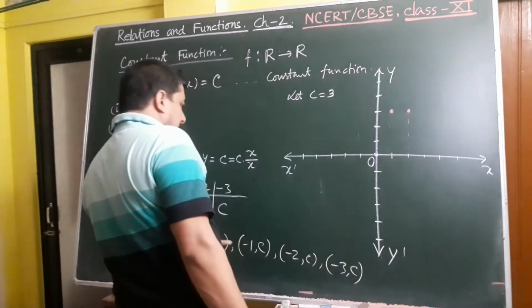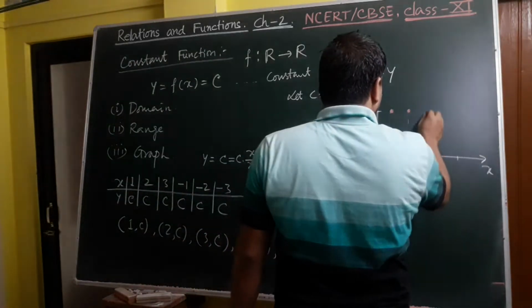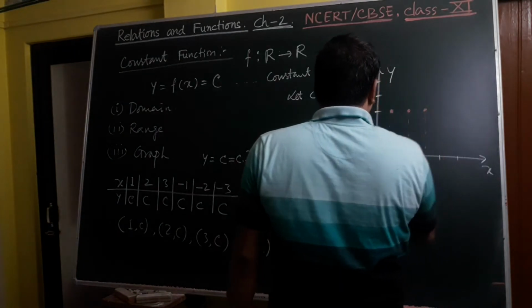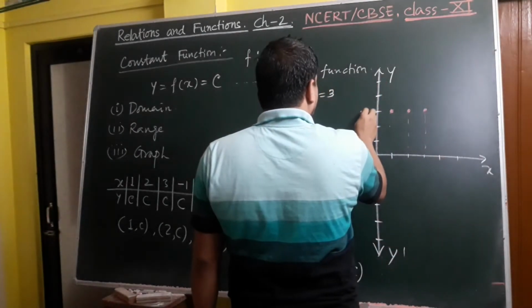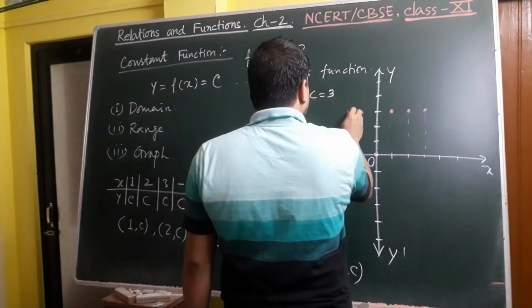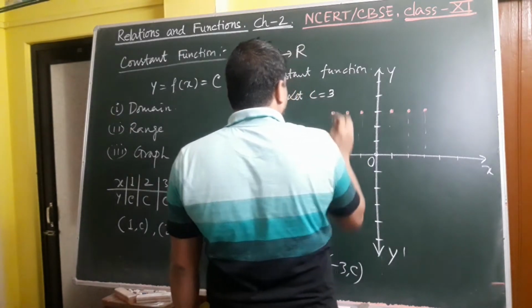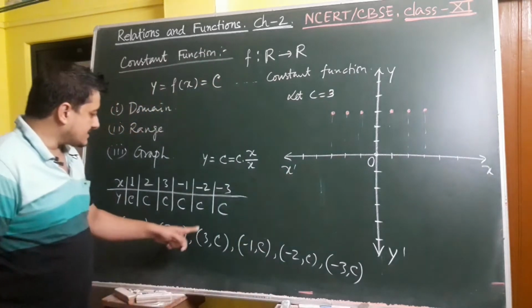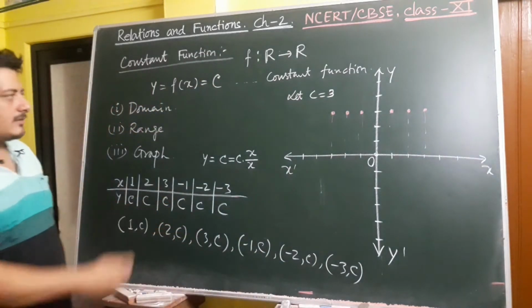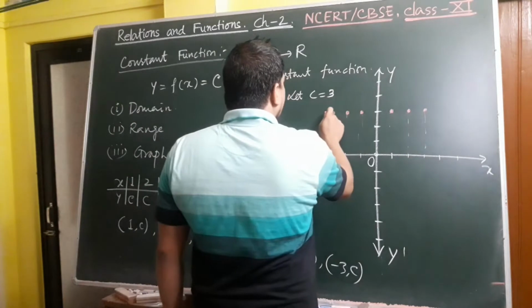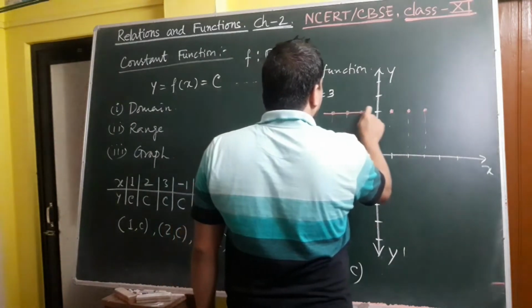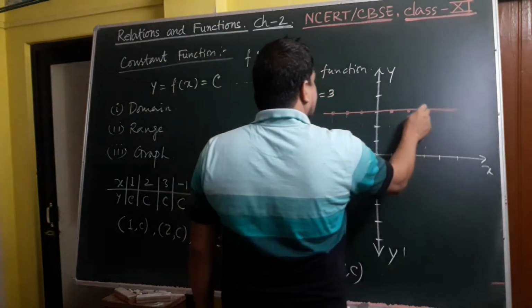Then 3, 3 is here. Then minus 1, 3, minus 2, 3, then minus 3, 3. Now you connect all these points. So this is the graph.